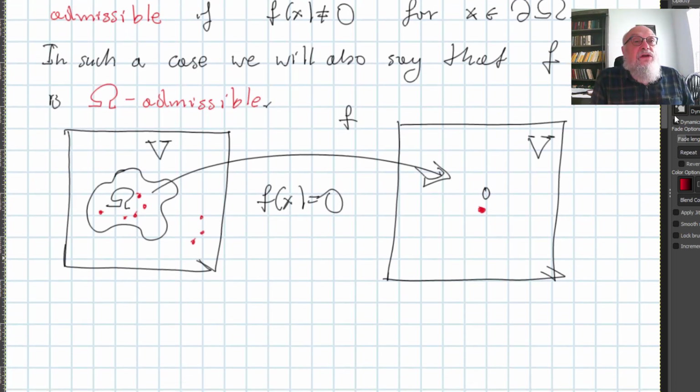And basically the degree theory is a kind of invariant, expressed by an integer number, that will be counting, in some sense, algebraically, the solutions inside a given omega set.